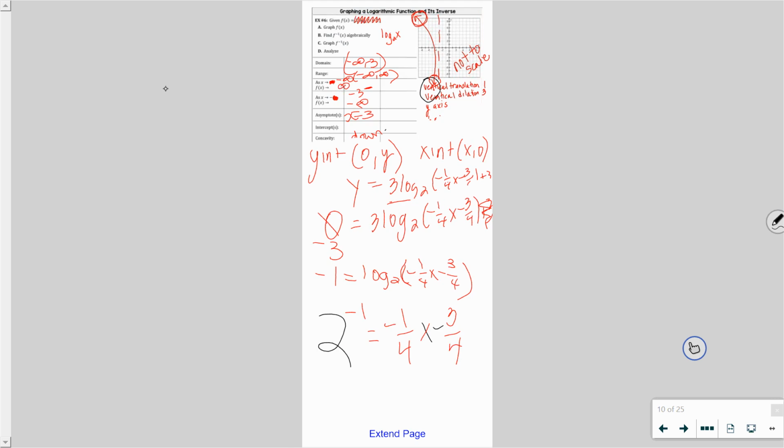So that's a half equals -1/4 x minus 3/4. You guys solve that. I don't care, decimals or whatever, it doesn't matter. Make sure your answer makes sense based upon the picture.